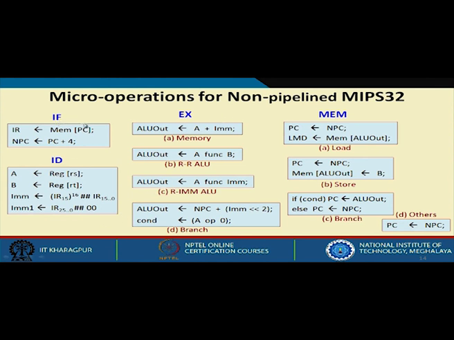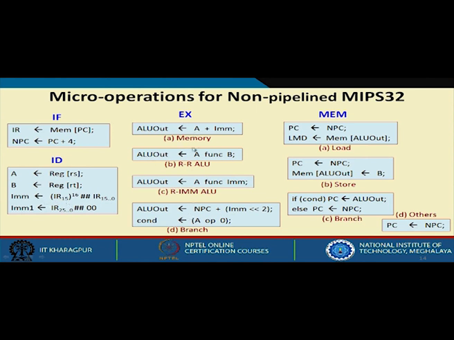In the instruction fetch of the non-pipelined version, we fetch the instruction and increment the PC, but store it in NPC. NPC to PC was being transferred only during MEM, right? In ID, we are prefetching the registers, and also prefetching the immediate data and doing sign extension.